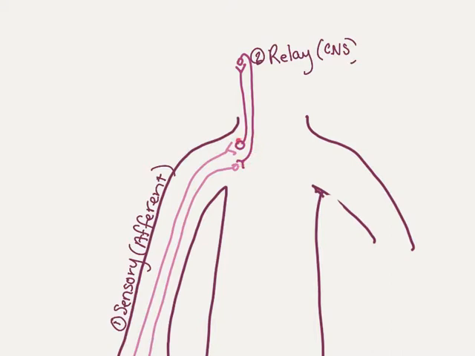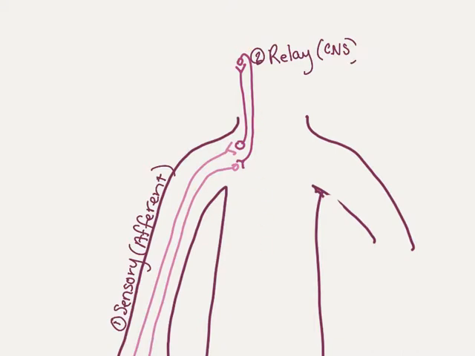So if you have somebody who's been cut off right about here, for example, a paraplegic or a quadriplegic who's had a neck injury, even though they don't have any neurons that go from the spinal cord up to the brain, or even though some of those are severed, they'll still have reflexes. The knee-jerk reflex is another one of them, where somebody taps on the knee and it's going to kick. It's not your brain making that decision.